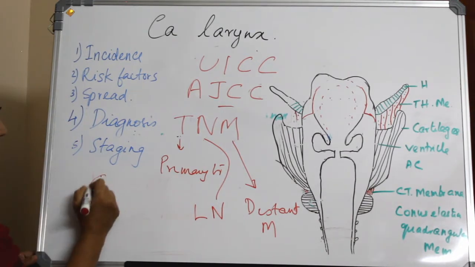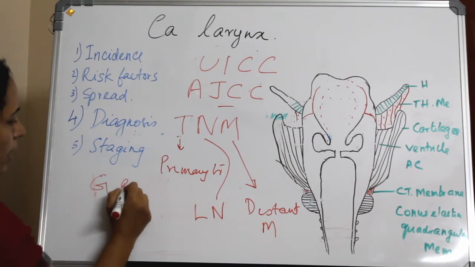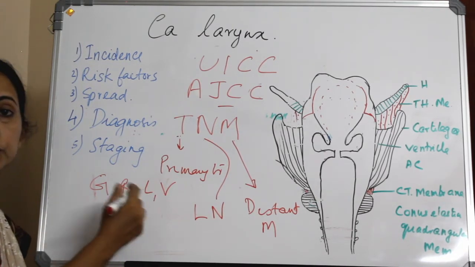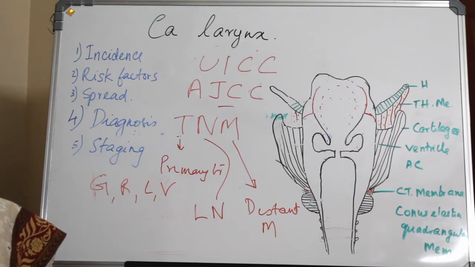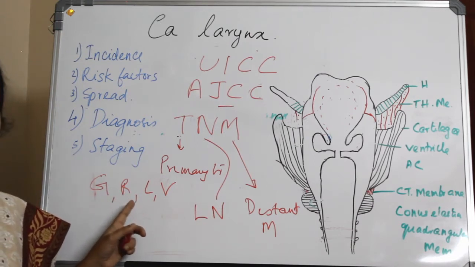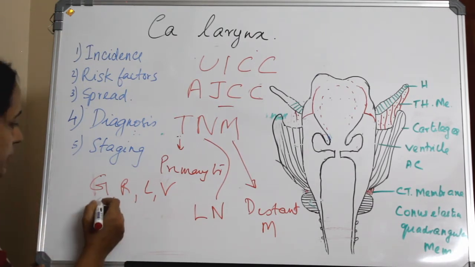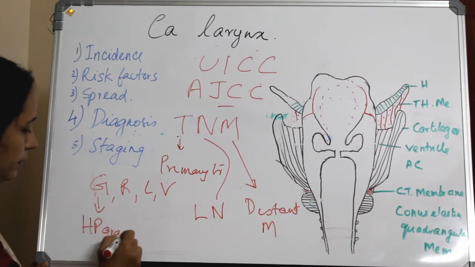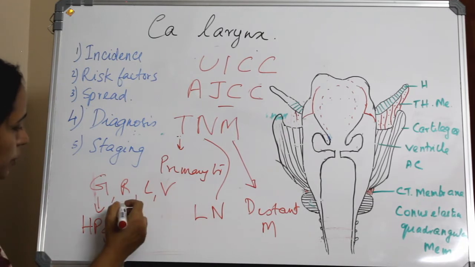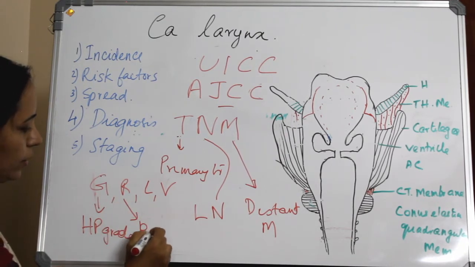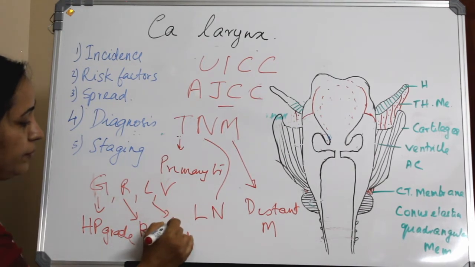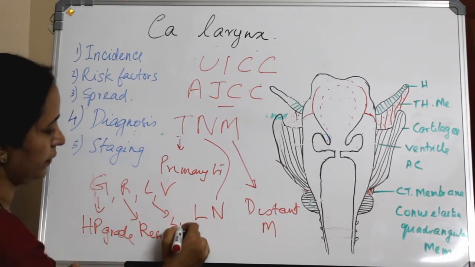And also there are G, R, L and V, and these also help in predicting the overall survival and prognosis of the patient. What are they? G is the histopathological grade of the tumor. R is recurrent or residual lesion. L is lymph vessel invasion.